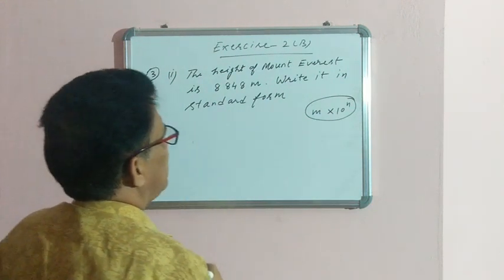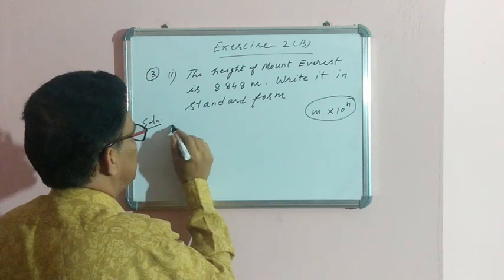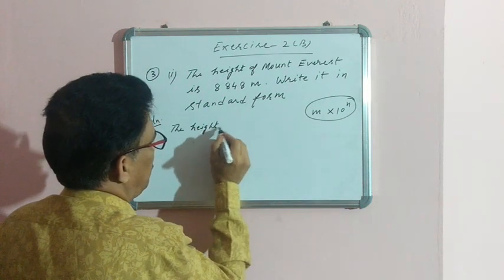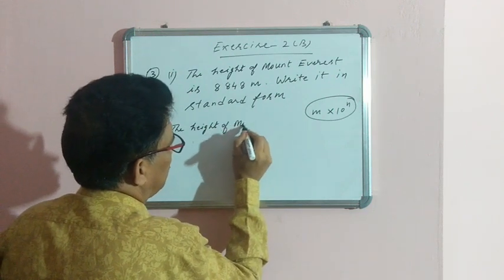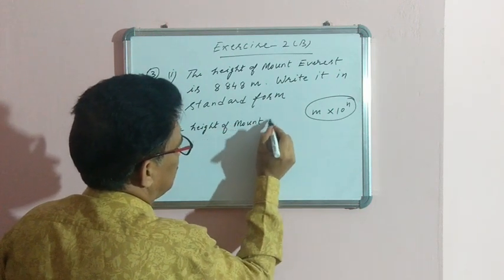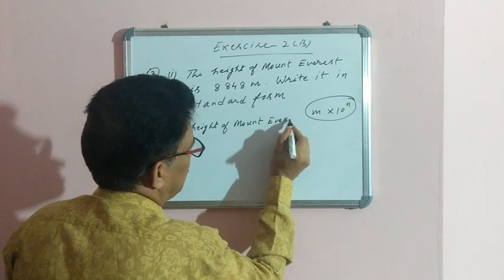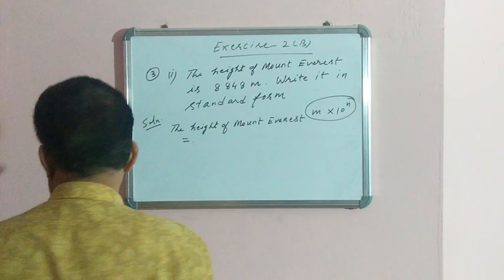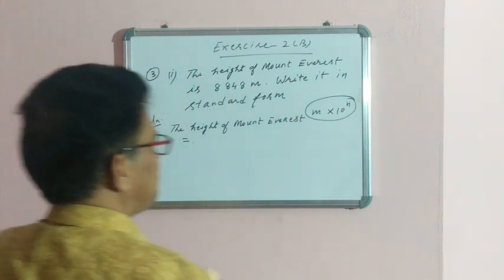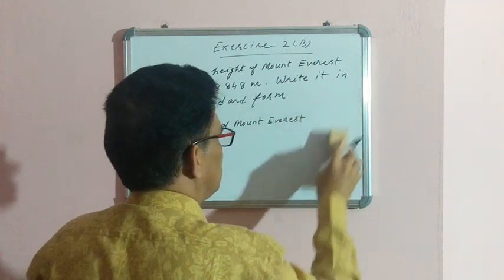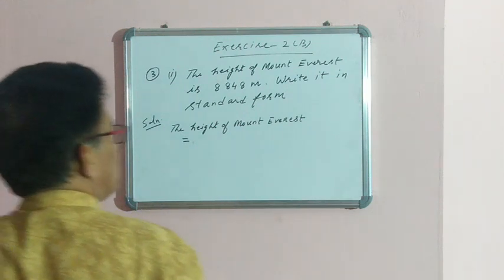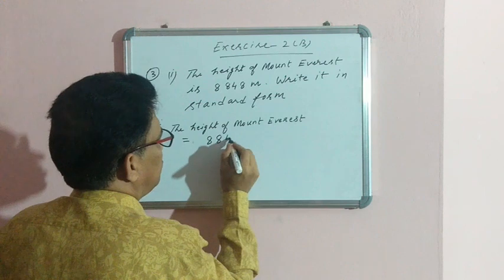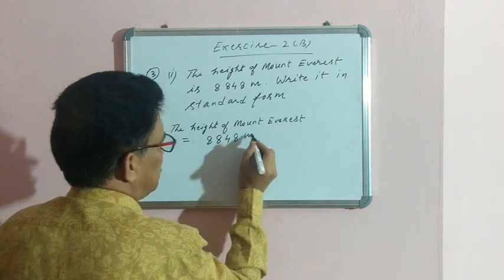So solution: the height of Mount Everest is equal to 8848 meter.